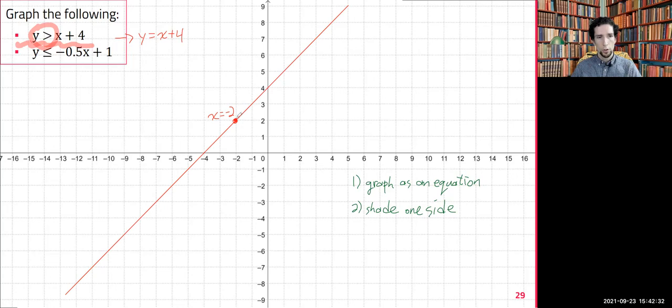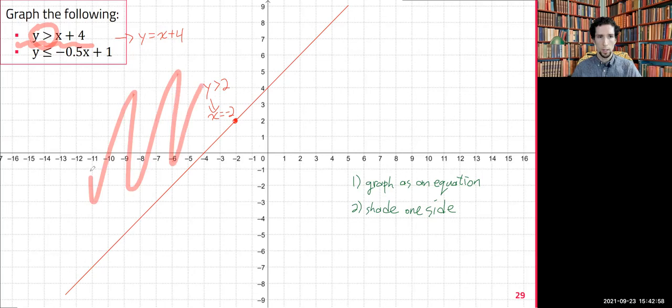So 2, but then greater. So for this point here, our inequality tells us y must be greater than 2. So what does that look like? That looks like all of these points. So when x is equal to negative 2, y can be anything above that point. So all of those. So that's one way of thinking about it. So that means we're shading everything above.